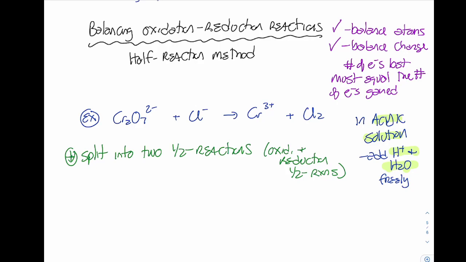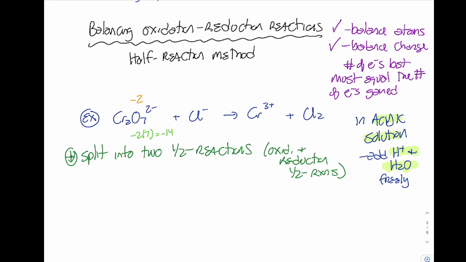So Cr2O7 2 minus, oxygen has a -2, right? It's not an epoxide, it's not bonded to fluorine. I happen to have 7 of those, however, so -2 times 7 gives me a -14 total. I know when I add the total for chromium to the total for oxygen, it has to add to a -2.